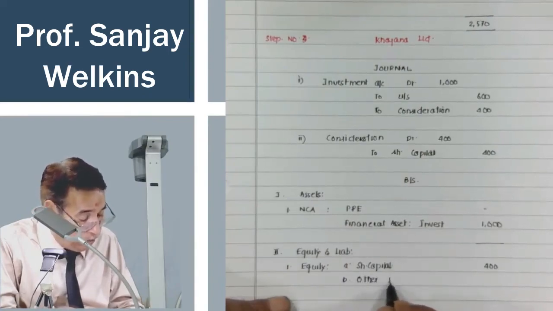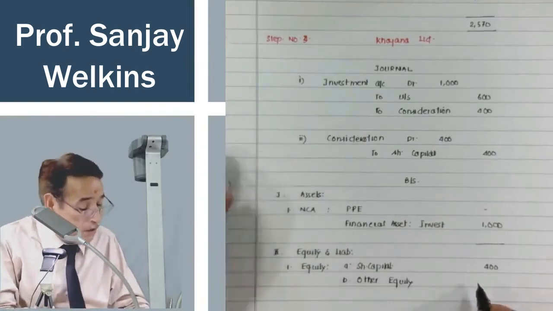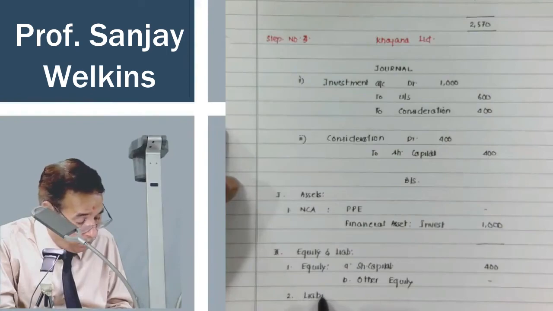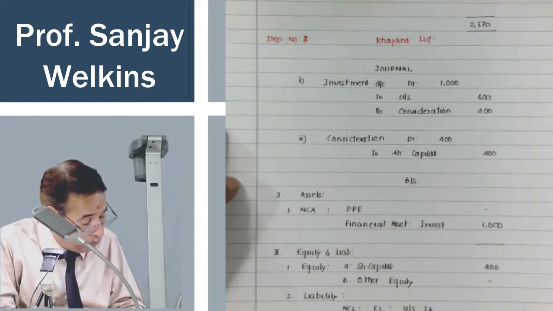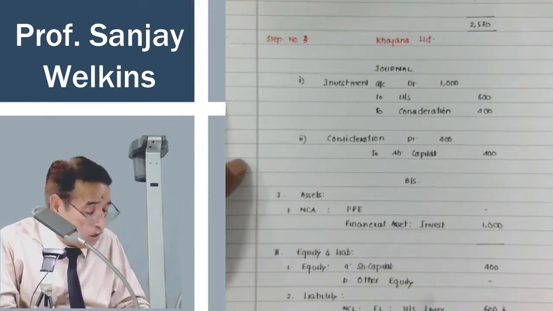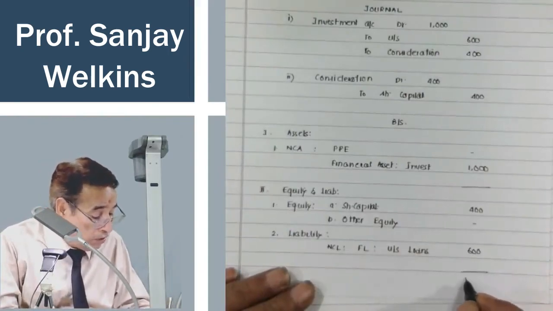No other equity, because no capital reserve etc. is there. However, when I will write liability, under liability, non-current liability. Under non-current liability, there is financial liability, and under financial liability, there will be unsecured loans. They had taken our loans to the extent of 600. So this is how the balance sheet of this particular entity will be prepared.